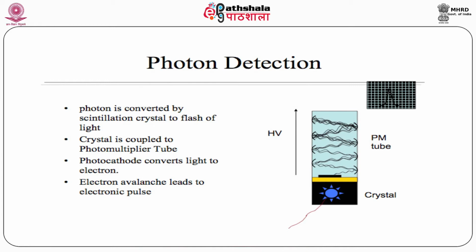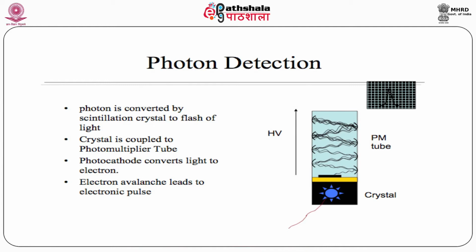The photon is converted by a scintillation crystal to a flash of light. This crystal is nothing but a sodium iodide thallium-activated crystal. Thallium is a dopant material and sodium iodide is the detector. Then when the photon comes, it hits and light is generated.